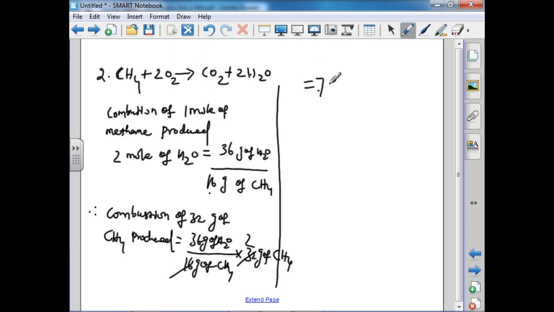So the answer is 72 gram of water. So 72 gram of water is produced when combustion of 32 gram of methane.